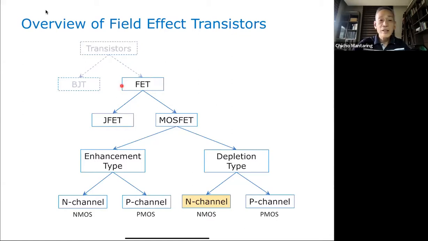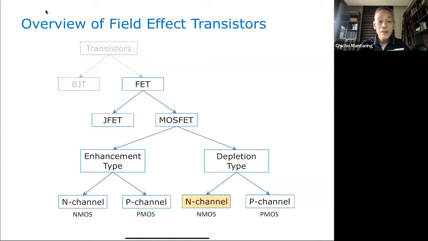Now, field effect transistors, there are also 2 general types: the JFET, the junction field effect transistor, and the metal oxide semiconductor field effect transistor. So we're going to focus on this in this particular course. Now, MOSFETs, there are also 2 general types. You have your enhancement type and you have your depletion type. And we will be focusing our discussion on N-channel depletion type MOSFETs, or NMOS for short.